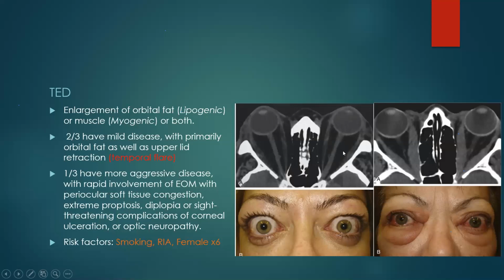The CT looks normal, nothing abnormal, but actually it's the fat, the black area is the fat cells, which is proliferated and pushing the globe anteriorly. Here it's mainly the muscles. You can see it's enlarged with tendon sparing.